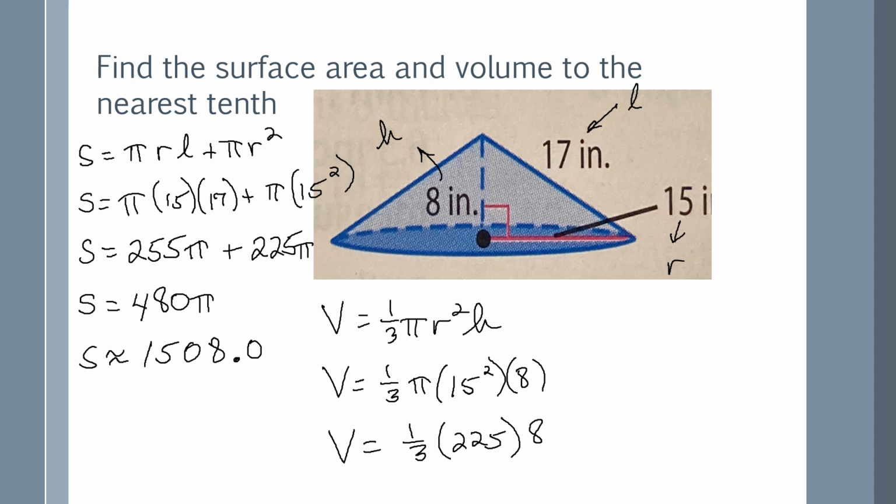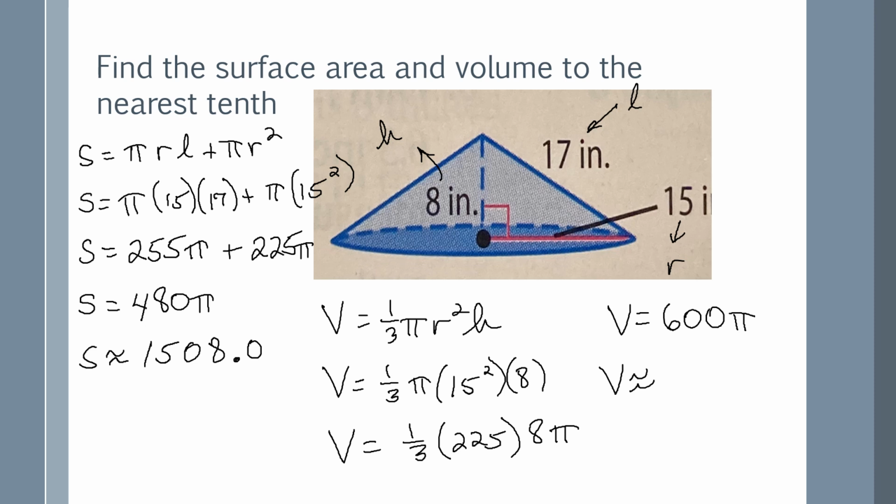But we've got 1/3 times 225 and times 8. Oh, by the way, pi has to go on the end. That comes out to 600 pi. So the volume is 600 pi. So now to round to the nearest tenth, we're just going to take 600 and multiply it by pi.